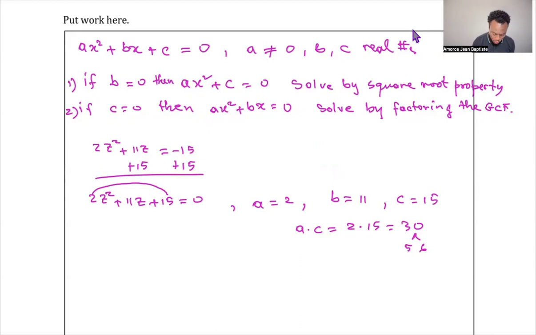So we write the 11z as 6z plus 5z, which doesn't change the actual 11z. I'm factoring this trinomial by grouping.